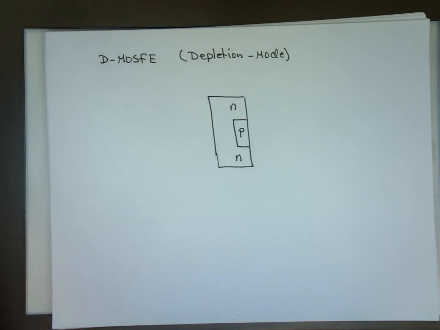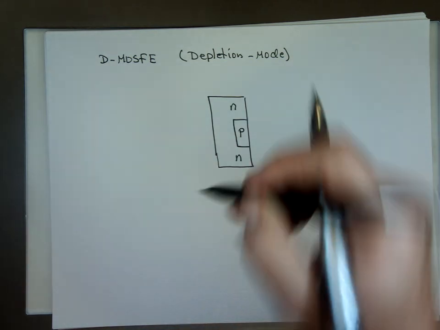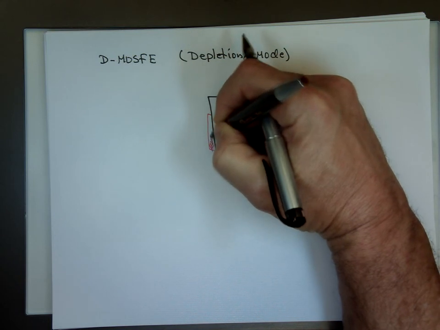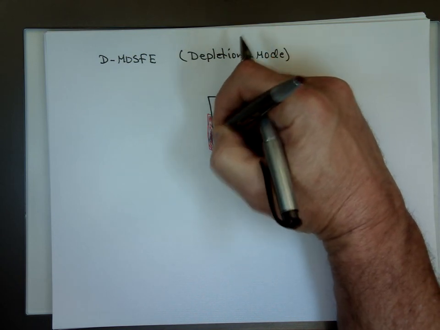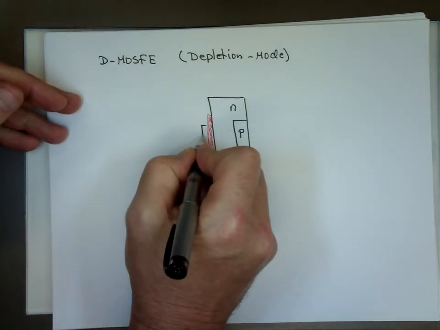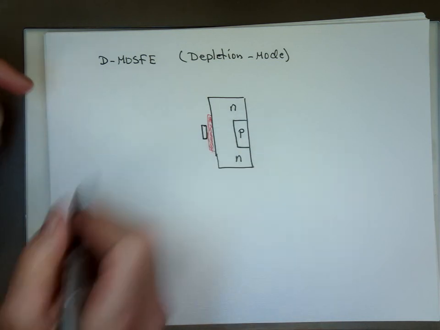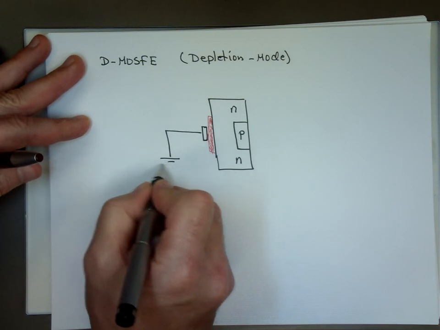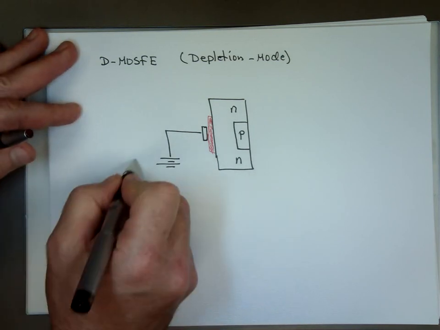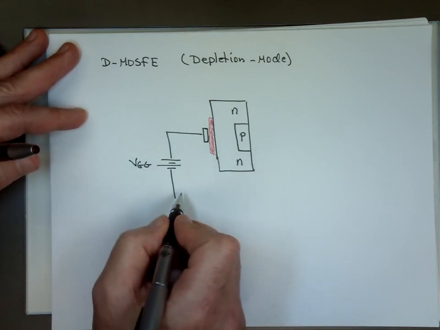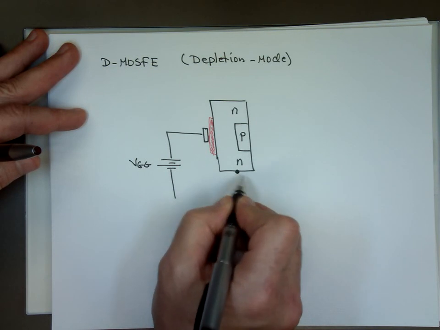And we have the silicon dioxide plate right here, and on top of that we have the metal plate, which is the gate. If we attach the gate to a voltage source, positive, negative, let's call this VGG. This is the source, I'm going to attach to ground.